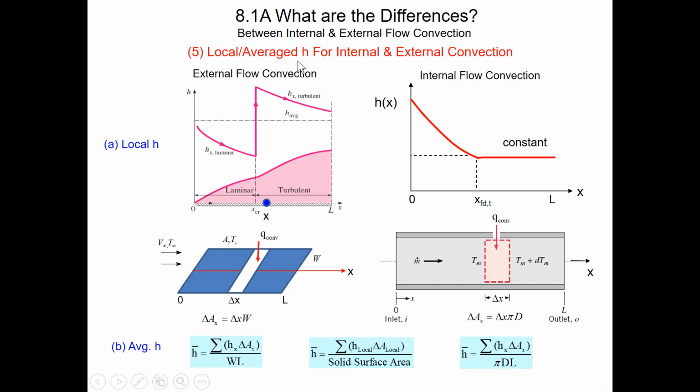The last difference between internal and external flow convection is that, A. The local heat transfer coefficient h for external flow convection over a slender body is decreasing first, then jumping to a large value, and then decreasing again for a laminar, transition and then turbulent flow pattern along the length of the slender body.